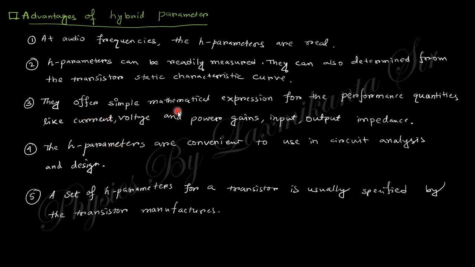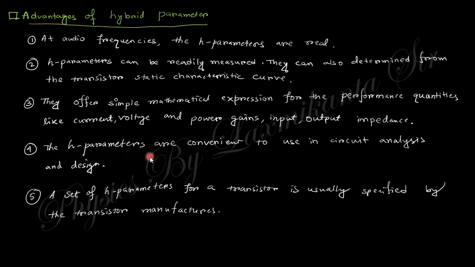They offer simple mathematical expressions for the performance quantities like current, voltage, power gain, input and output impedance, etc. So using the hybrid parameters, you can easily find the voltage gain, power gain, current gain, input impedance, output impedance. We will see an example of that also.